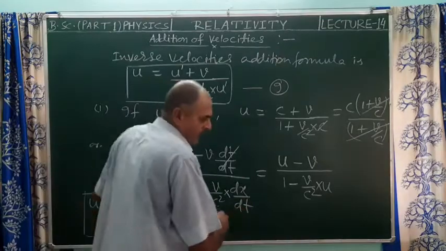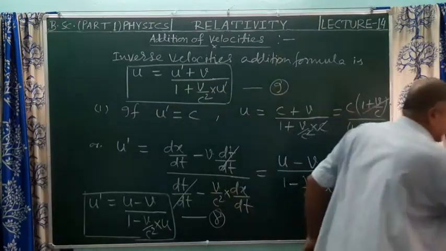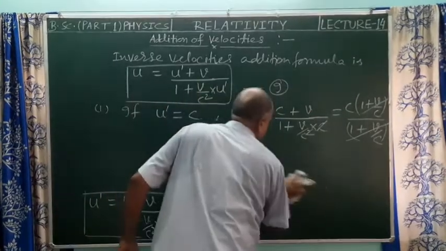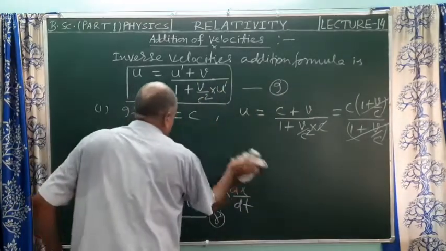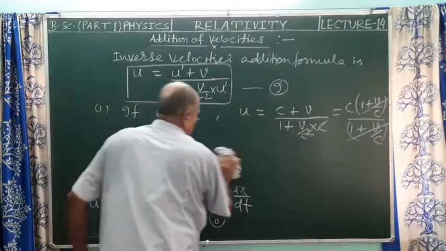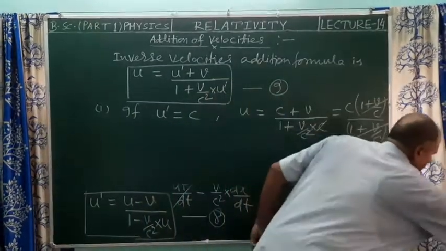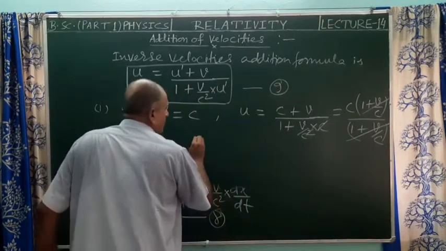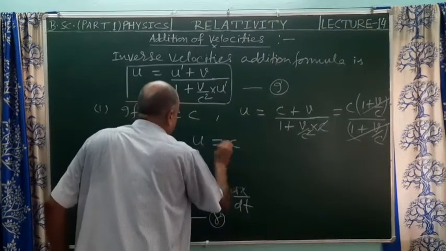Therefore u, the speed of the body in frame s, is equal to c, that is the speed of light in vacuum, which is the maximum speed. The speed of light is the maximum speed which can be attainable. Therefore u is equal to c.